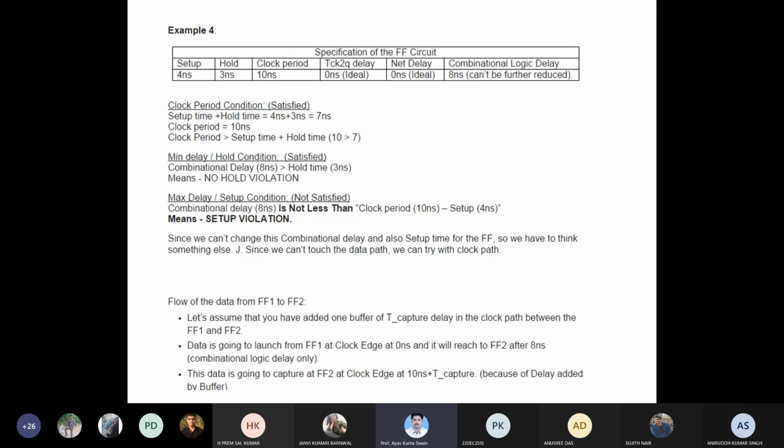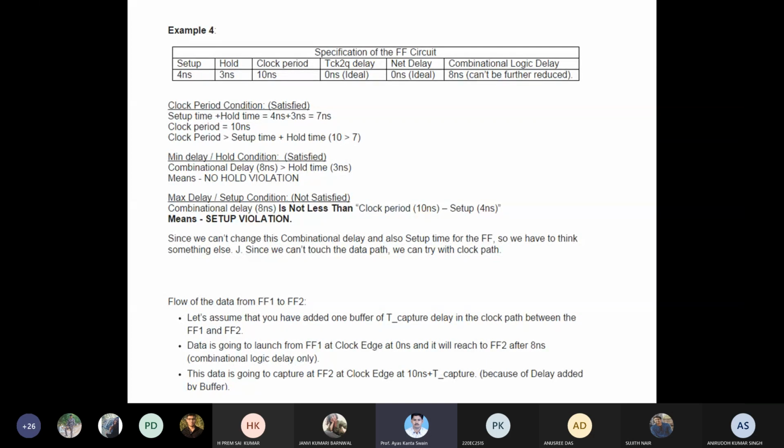You should not reduce it in any way to meet the setup or hold or nullify the setup or hold violation. So again, he has checked for the clock period. He has checked 4 plus 3 nanosecond, setup plus hold, which is less than the clock period. So this condition is satisfied. Then about the minimum delay of combinational logic, he has checked the minimum delay.